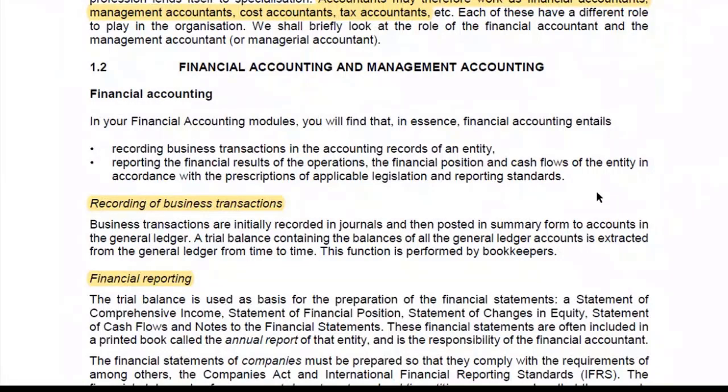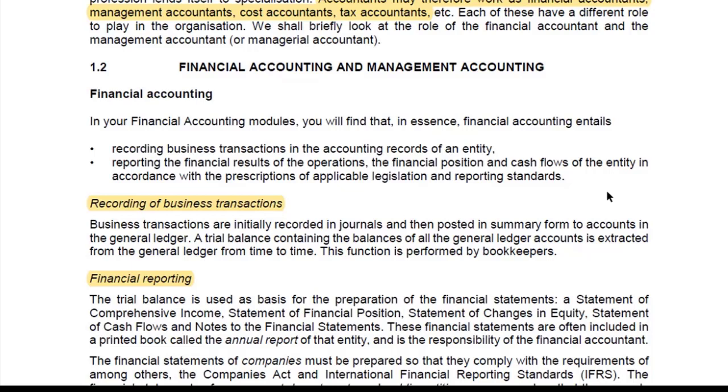How do you recognize this? Stuff like that. That will lead to your balance sheet, your income statement, cash flow, the notes. That's accounting. So you will see when you do your accounting module, that's the hat that you need to wear.